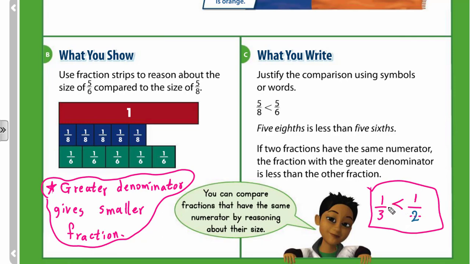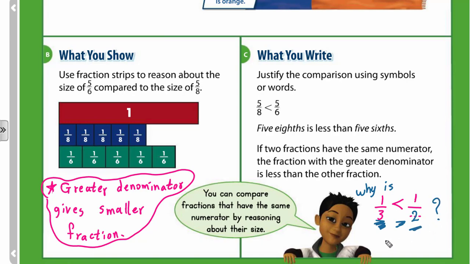Okay, another question. These are 2 unit fractions. And the question now is, I will change the question to something else. I will ask, why is 1/3 less than 1/2?